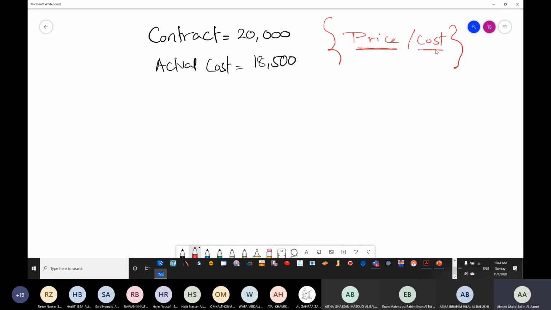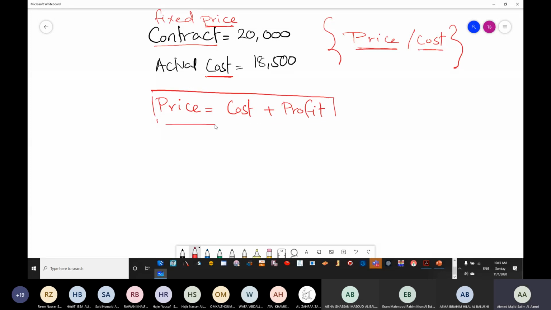Now if you see, this is called a fixed price, and this is called a cost. So we have cost here, we have a price here. If we try to analyze it, we said price is equal to cost plus some kind of profit. This is a general equation that we refer to.